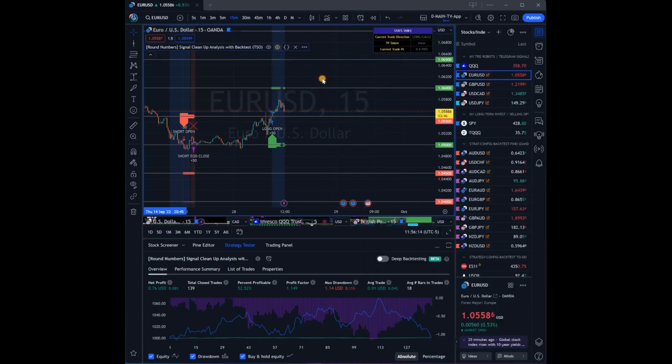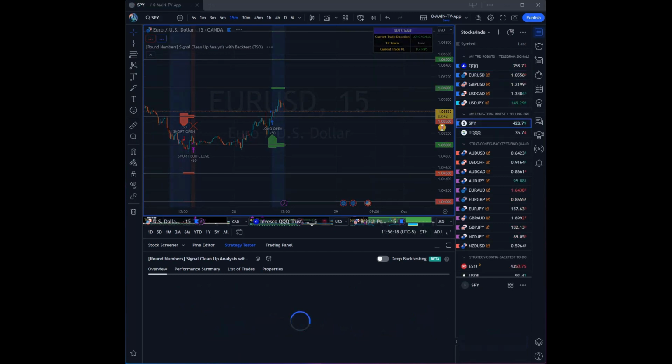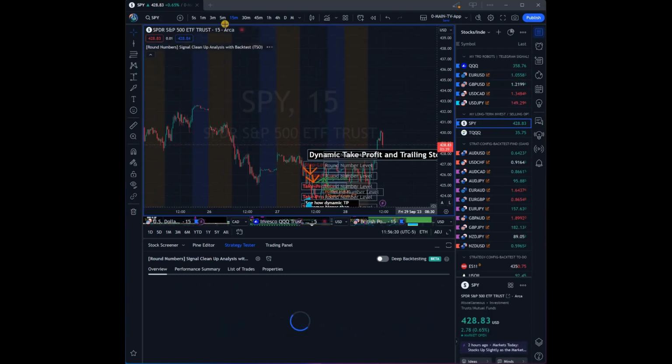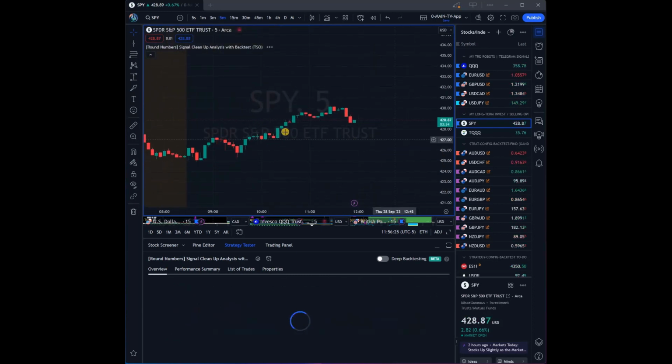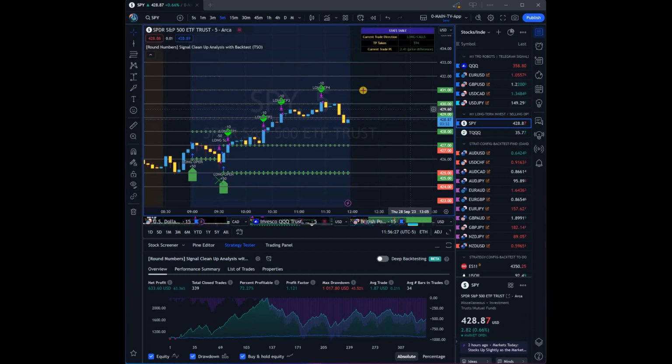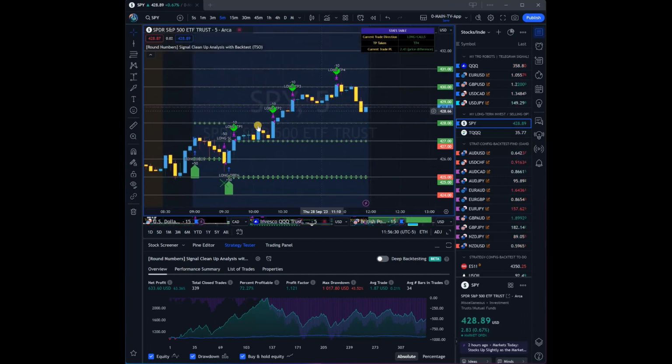So that's why the best setting is 1 for SPY. Switch it to 5-minute, because that's basically an intraday setup, so it's best. And yeah, those $1 level moves are pretty good, because you can see there's a bounce, okay, it went through, right?